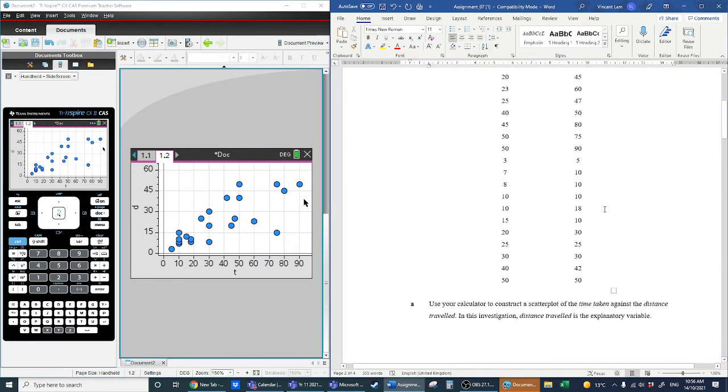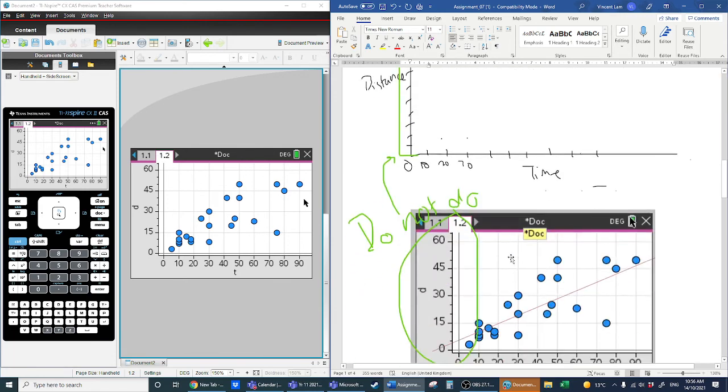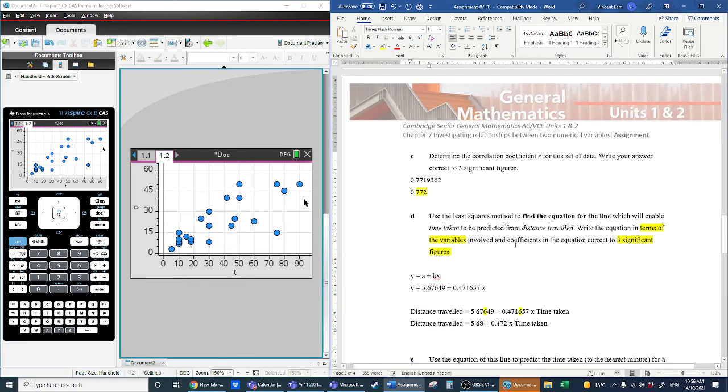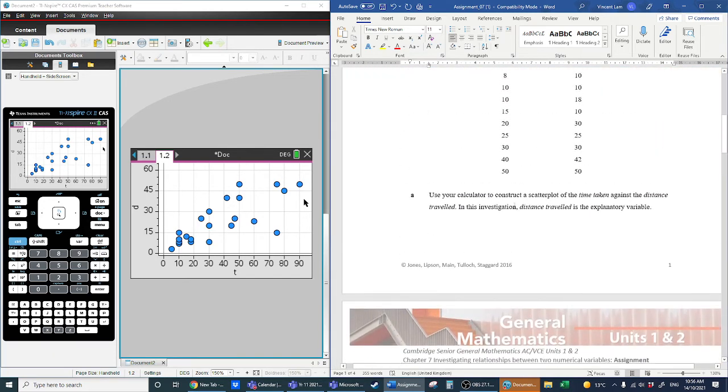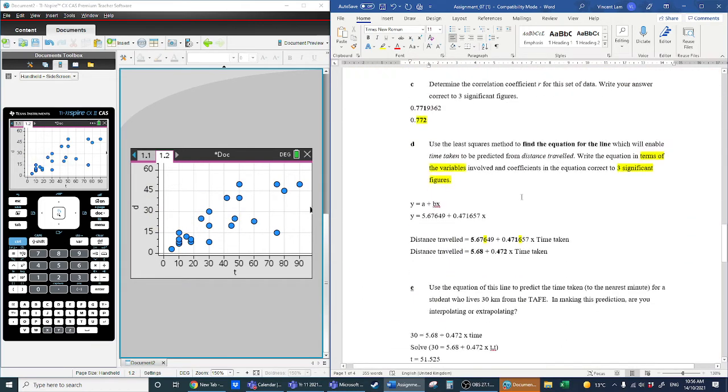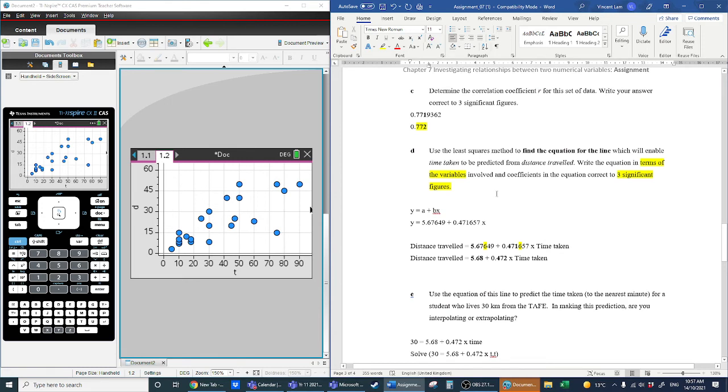Okay, so when we did this part, so part A, part B, part C, the question says distance traveled is the explanatory variable. Okay, so therefore the distance traveled is our y value, which I've kept there, which is fine. However, when we get to part D, find the equation which will enable time taken to be predicted from the distance traveled.